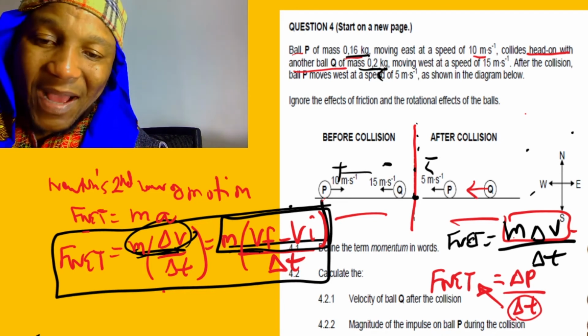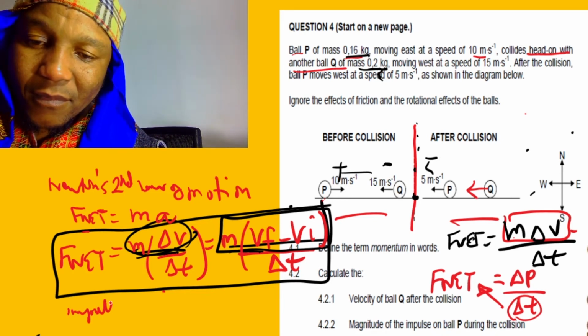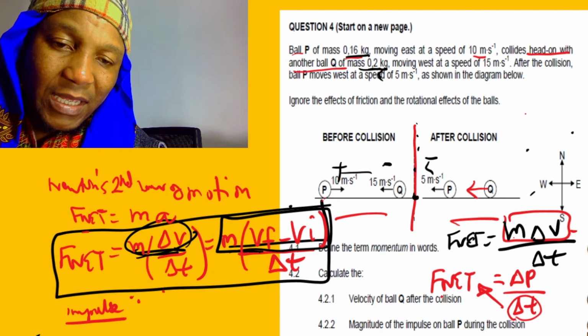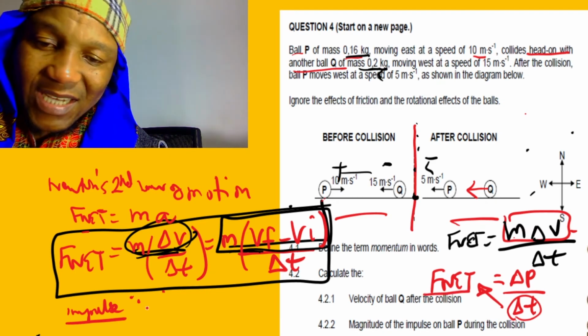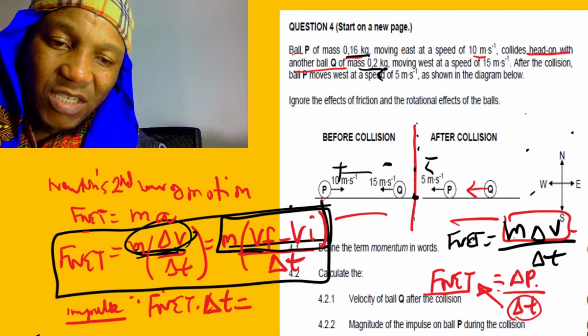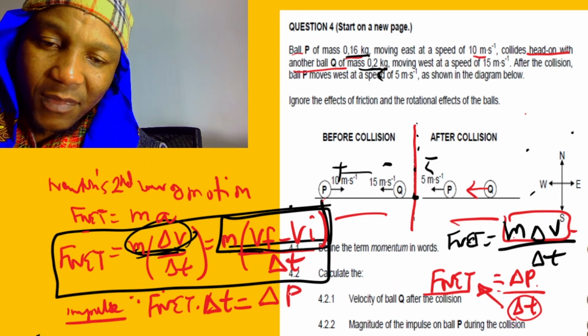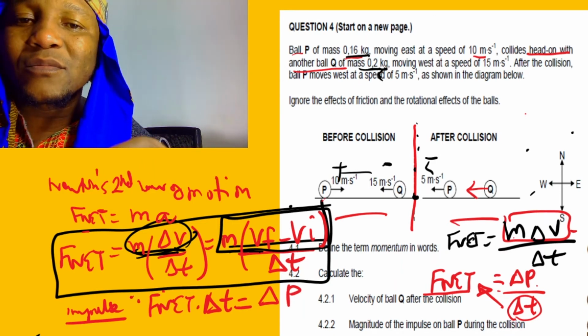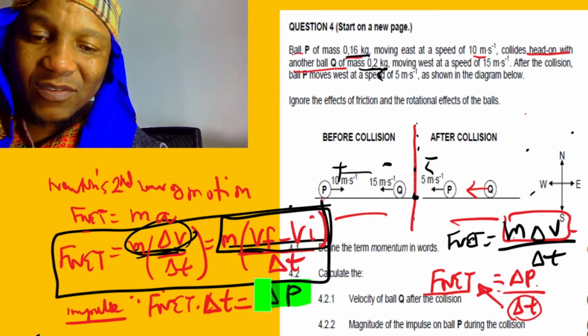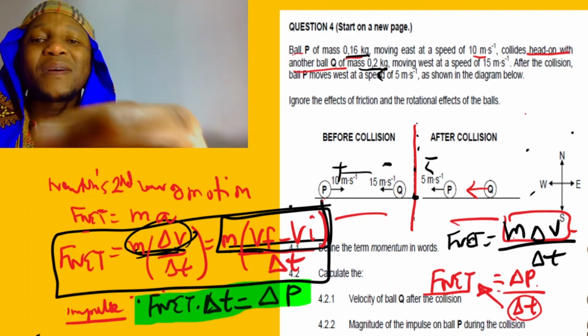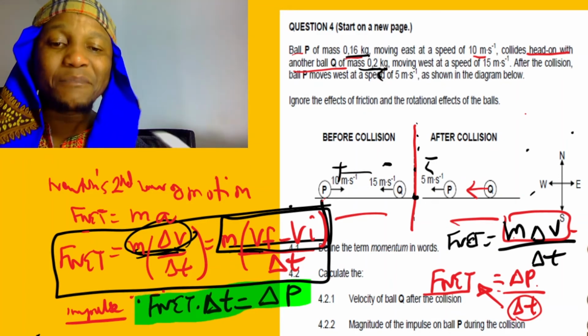So finally, impulse: F net times change in time equals change in momentum. And this is impulse.